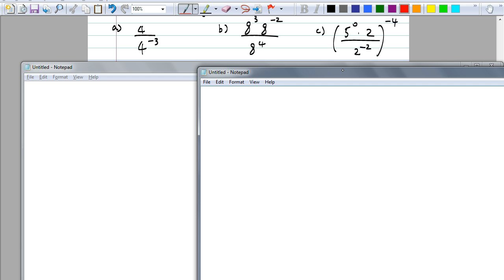So, first of all, Elizabeth, I got 4 to the, really, this is 4 to the first power, isn't it? 4 to the first power over 4 to the negative 3. What do you do with the exponents when they're dividing? When two expressions with the same base are dividing, what do we do with the exponents? So you get what?